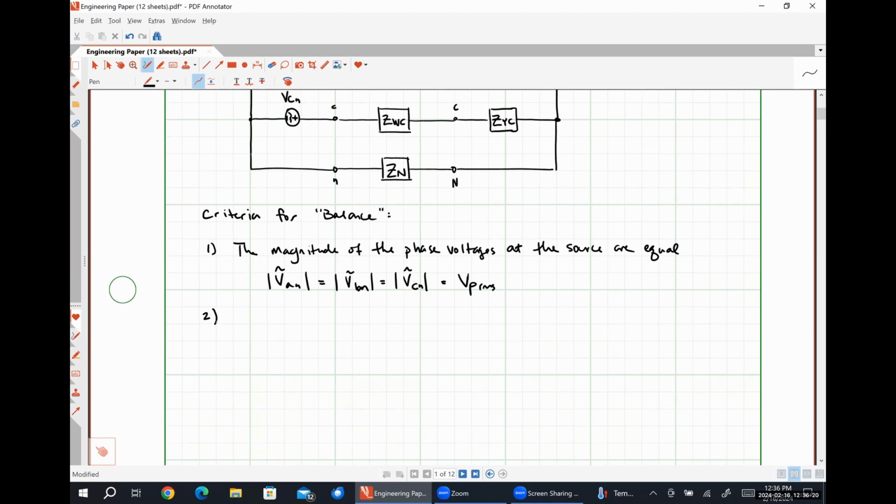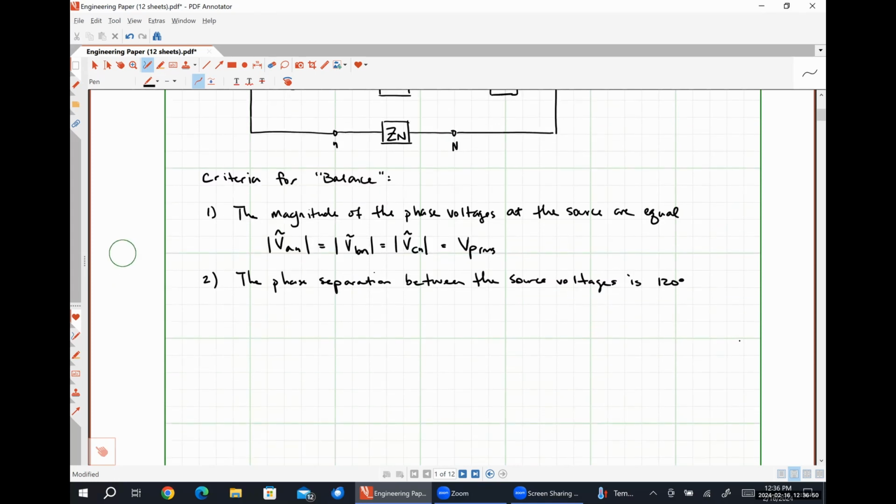The second criterion is that the phase separation between the voltages at the source is 120 degrees. So by this, I mean explicitly, we're going to be dealing with a positive phase sequence system.